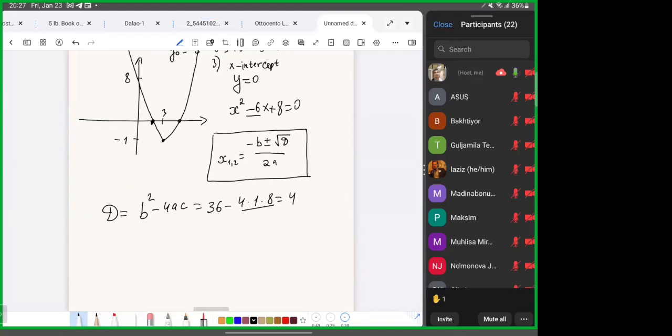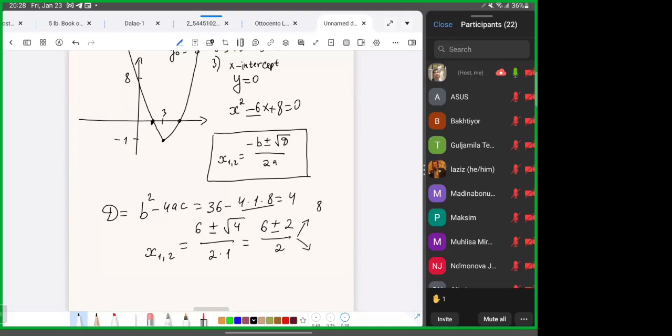Now we calculated the discriminant. Now we can calculate the solutions. x1 and x2 can be minus b. Look, guys, here it is minus 6 and minus b gives you plus 6, plus minus root of discriminant divided by 2 times 1. So a equals 1. So your equation will be 6 plus minus 2 divided by 2. So it gives you two solutions.